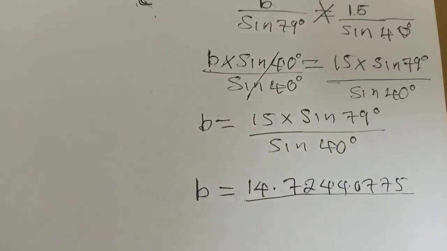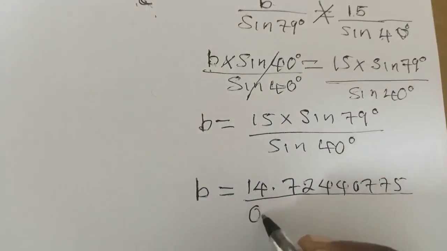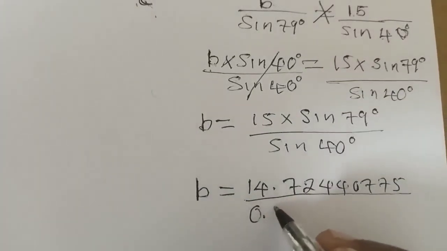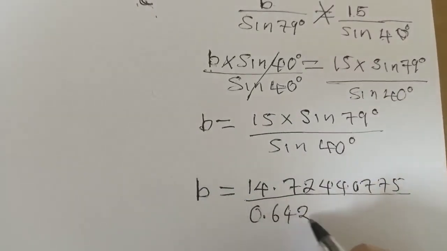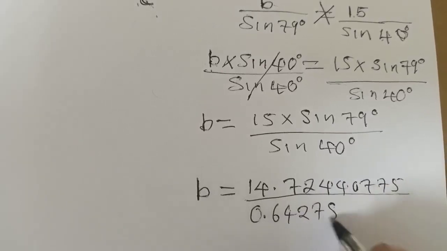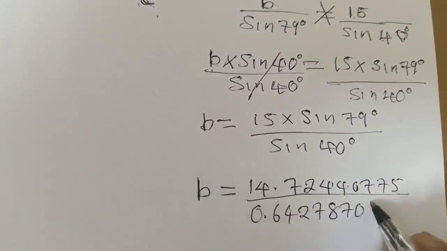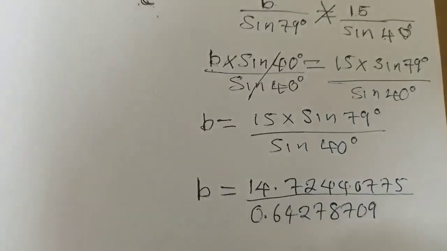Then what is sine 40? Sine 40, you find that it is 0.64227870009, like that.